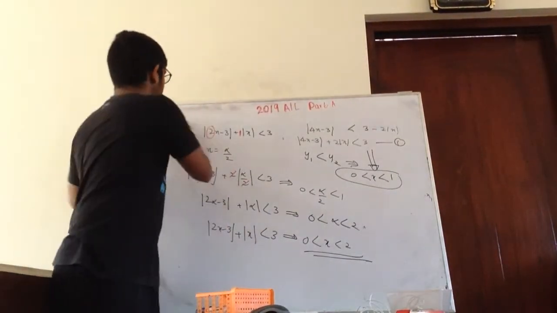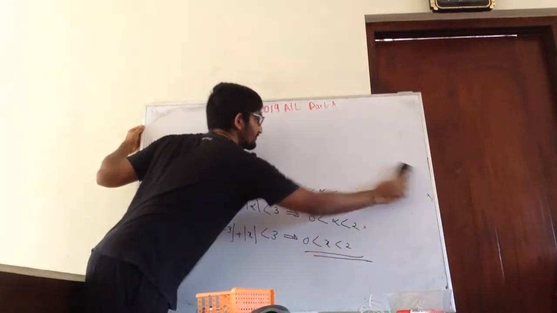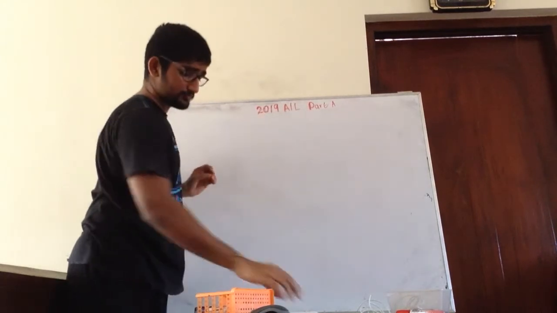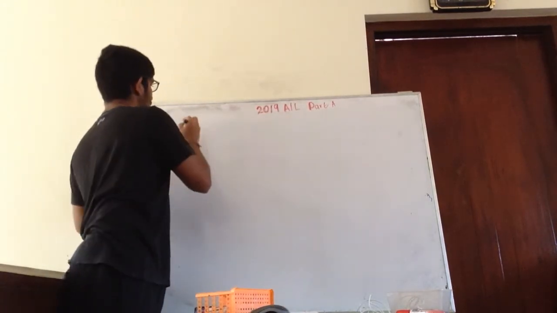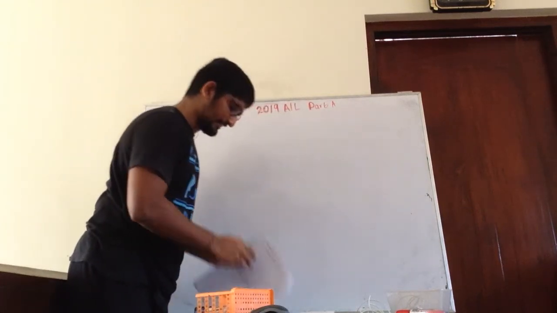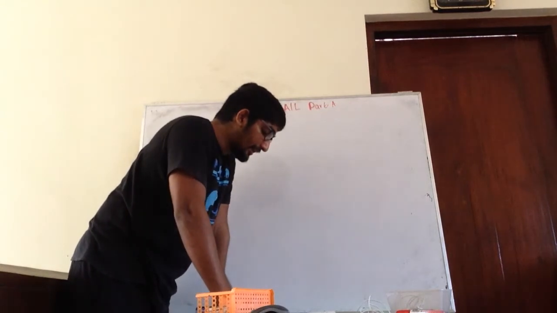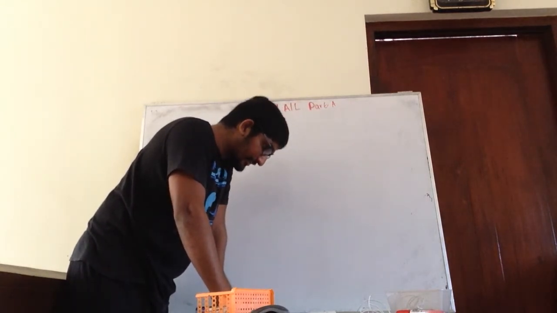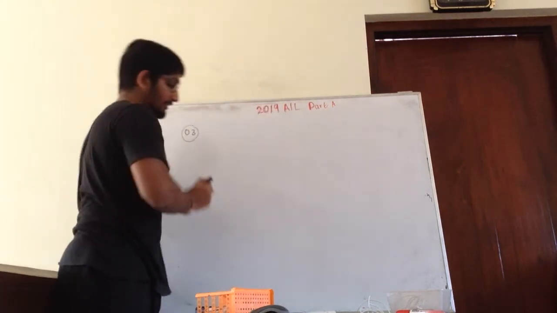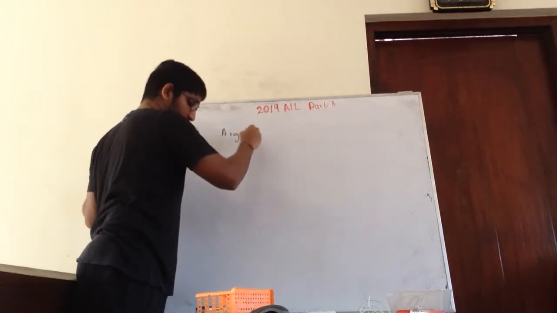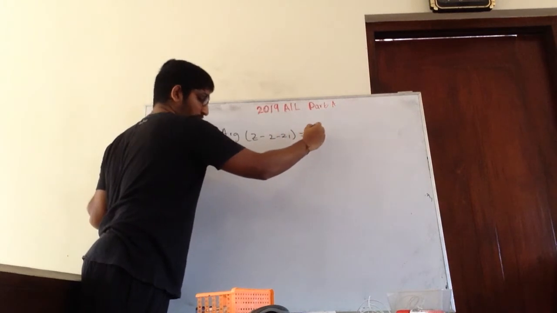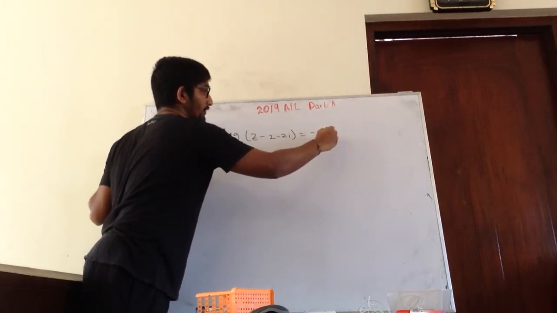Alright, so question number 3. In question number 3 they say, sketch in the Argand diagram the locus of the points that represent complex number z satisfying argument of z minus 2 minus 2i equals minus 3 pi over 4.